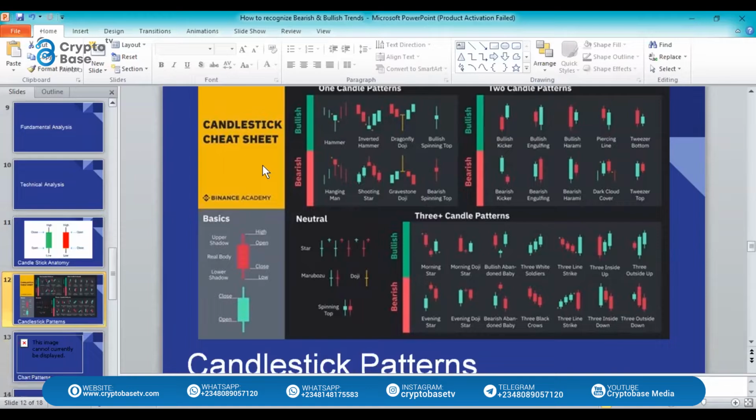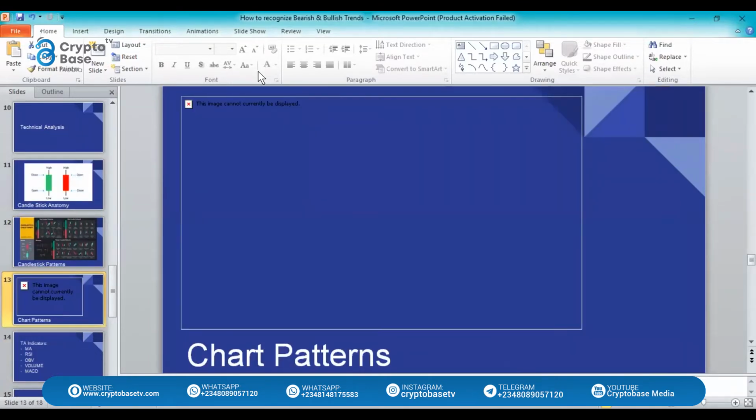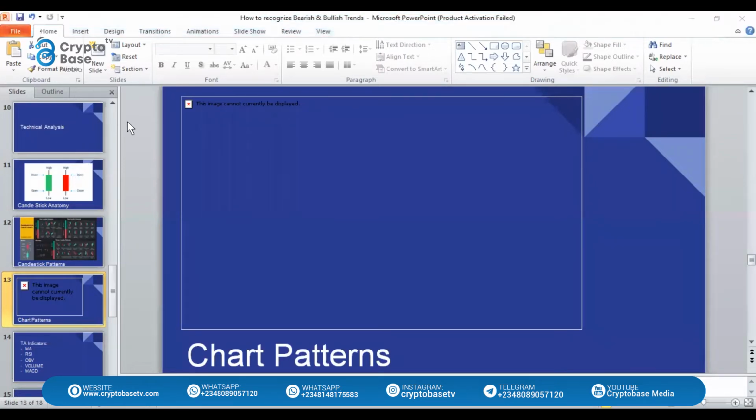Examples of the patterns, sorry about that. We have patterns like cup and handle. We have patterns like double bottom. We have patterns like double top. We have plenty of them like that, guys, as traders try to make meaning from them.